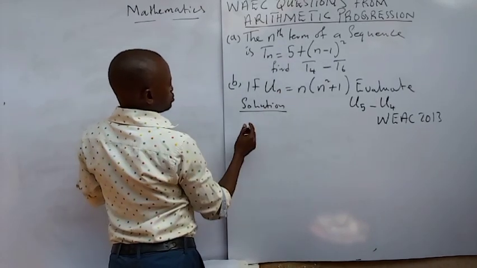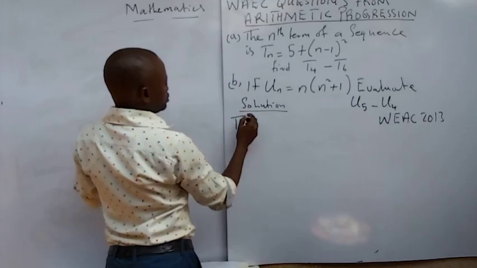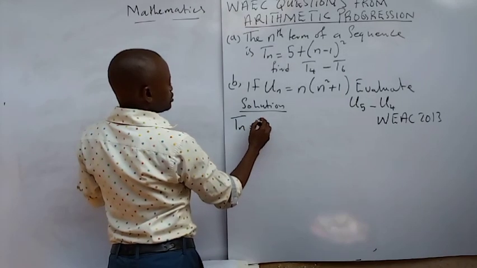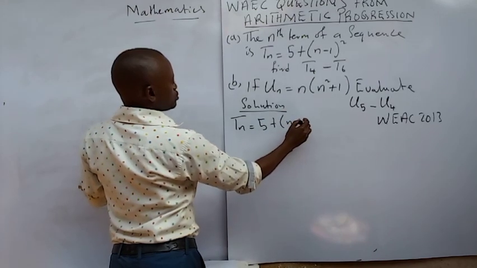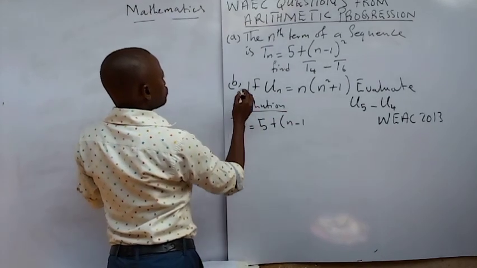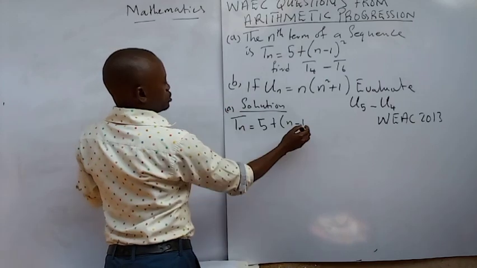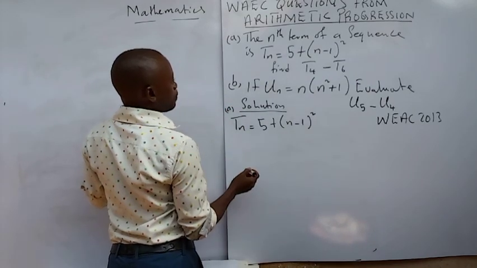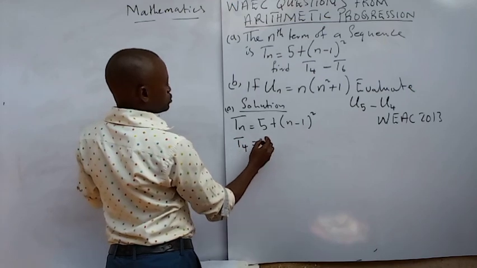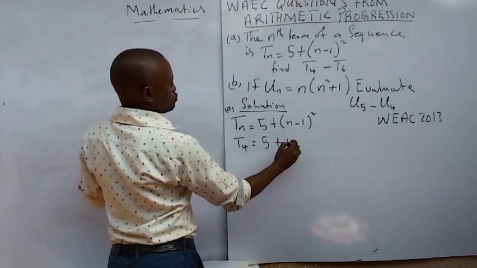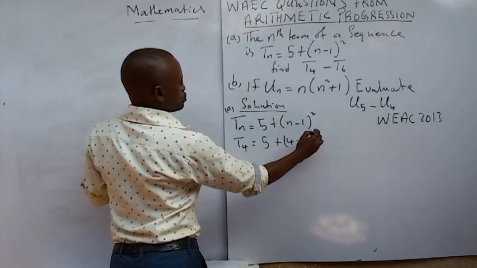For T4, you first of all write that Tn is equals to, as given, 5 plus (n minus 1), all squared. I'm answering question A. So what will be T4? T4 will be equals to 5 plus (4 minus 1) squared.